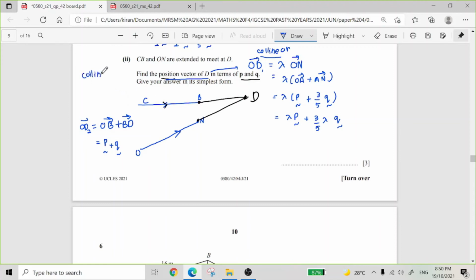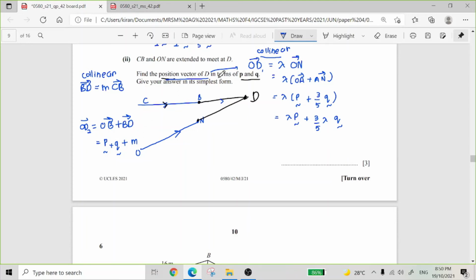Another collinear is vector CB with CD. So vector BD is collinear with CB. So vector BD, let's say we put M, another scalar multiple, M of CB.